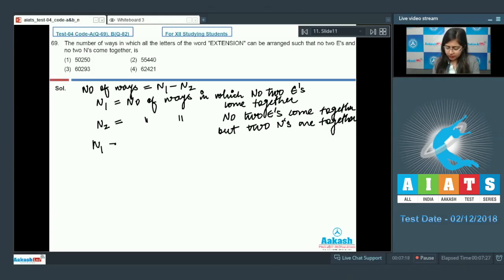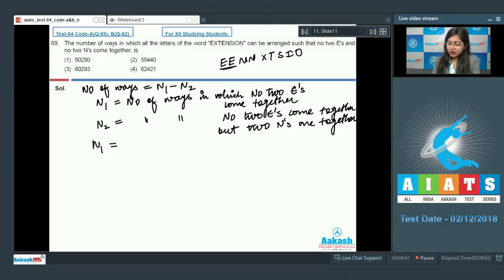Now, N1 will be equal to, let us firstly arrange the letters of the word extension, that is, we have E, E, N, N and X, T, S, I, O. Now, to find N1, we have to find the number of ways in which no two E's come together. So, leaving these two, let us arrange the rest of the letters.